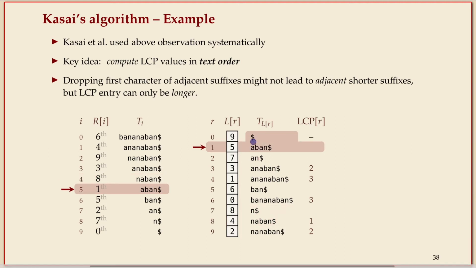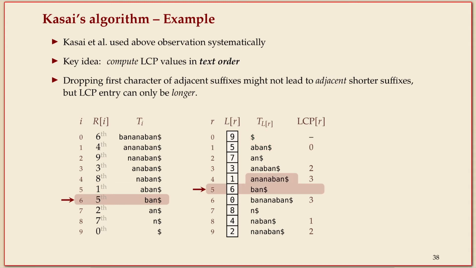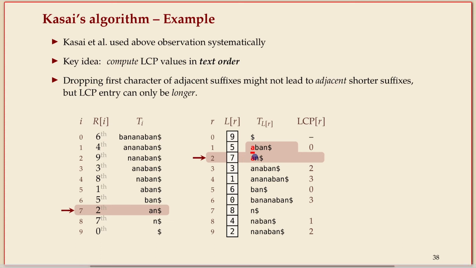And that's how it goes. For this one, we know from before, we know nothing. It's only 1 minus 1 is 0. So we have to start comparing. We find there's actually nothing in between, so that remains a 0. Next character, we find where it is in the sorted list. We know nothing, and we compare, and there is nothing, so it's another 0. Let me go to this guy. Here again, we know nothing, but we find overlap of 1. So we write that there.